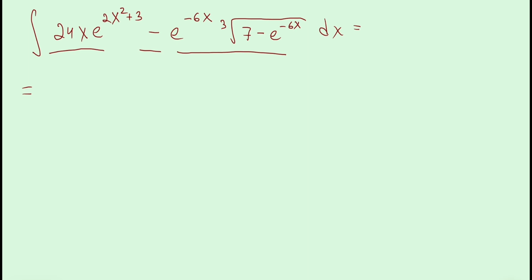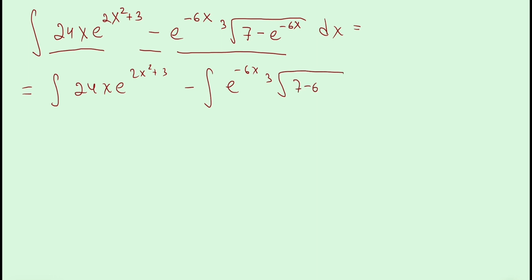What we could do is separately integrate each function. So we could integrate 24x e to the 2x squared plus 3, and subtract the integral of the other function, and we'll get negative 6x dx.